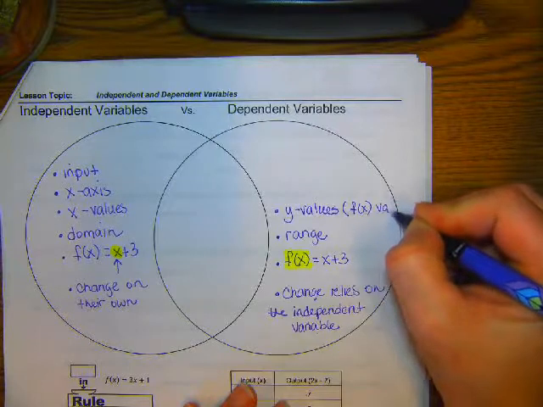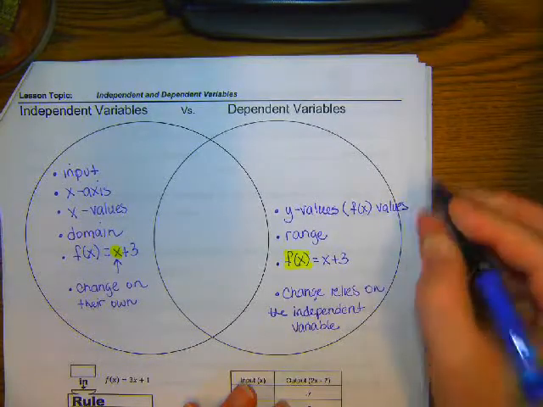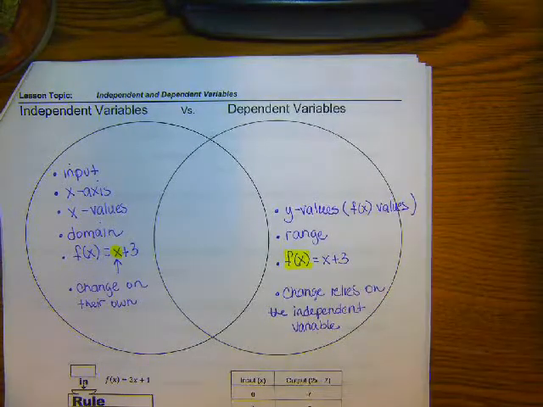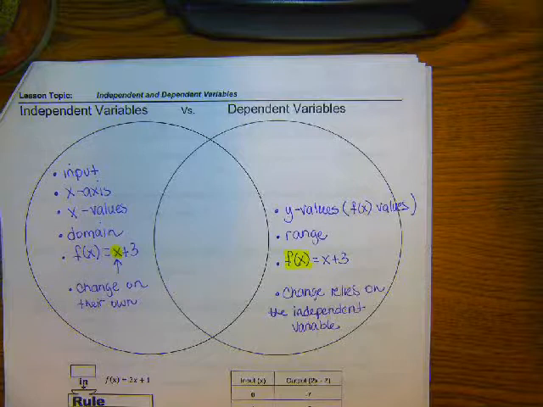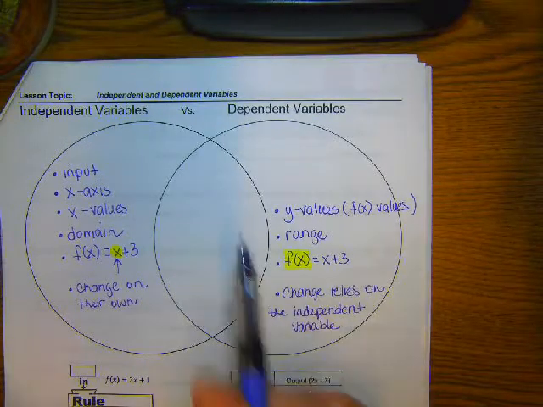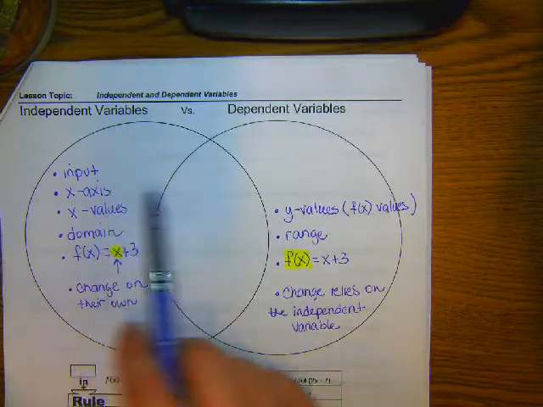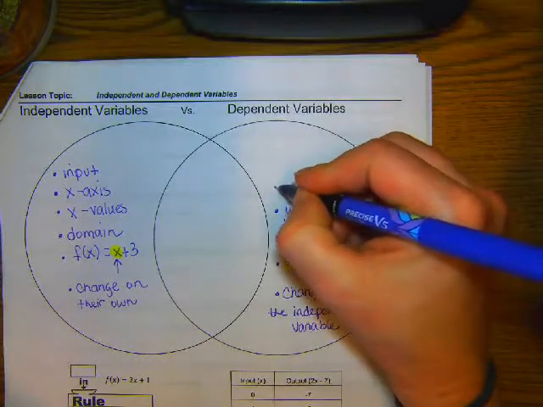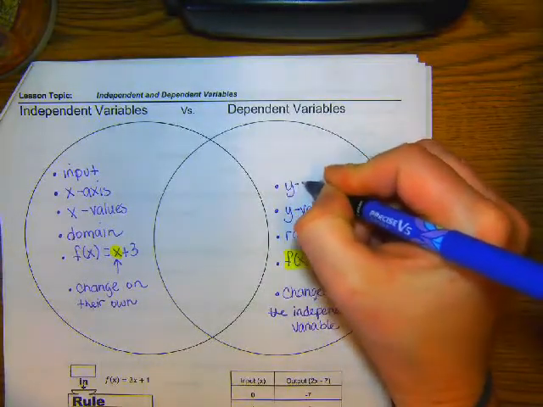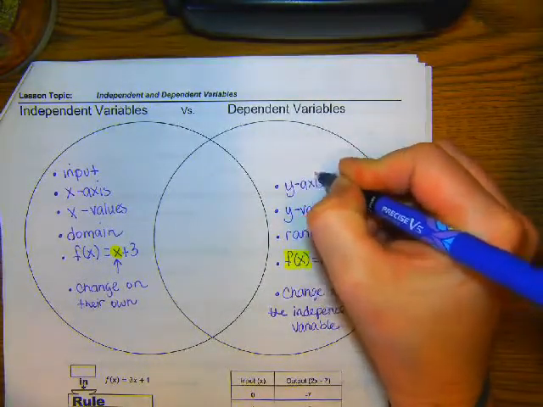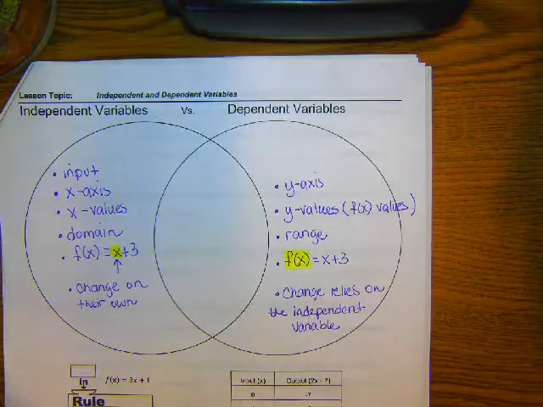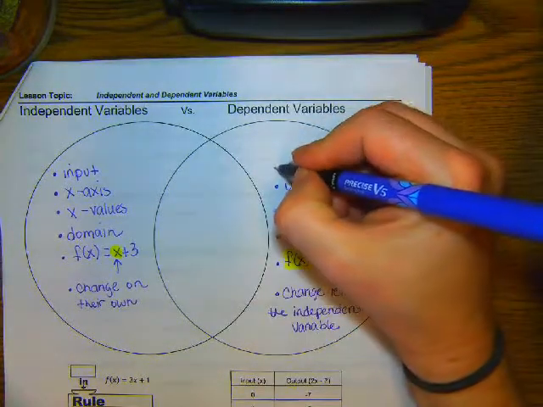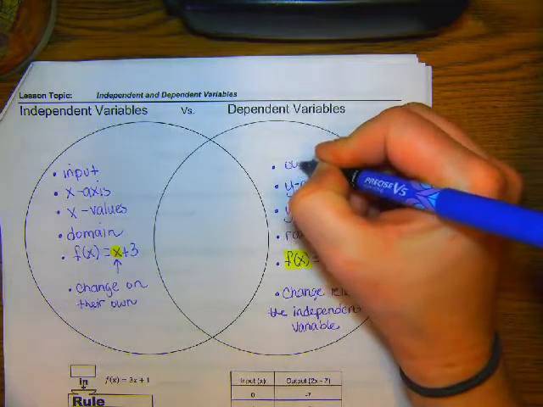F of x is a fancy way of writing y equals. Dependent variables would be graphed on the y-axis. And they would be considered the output.